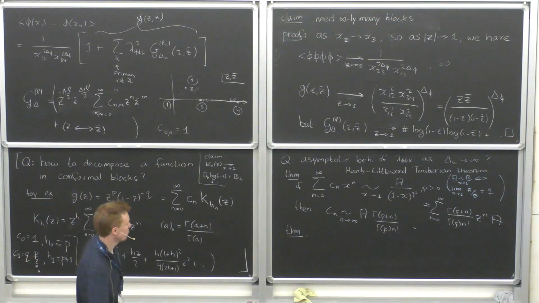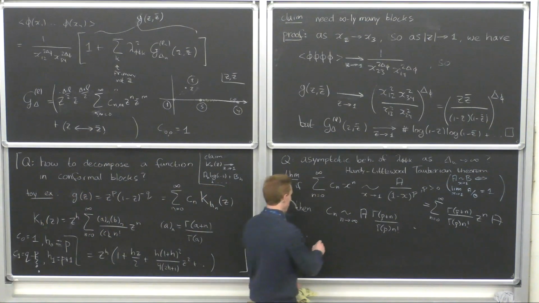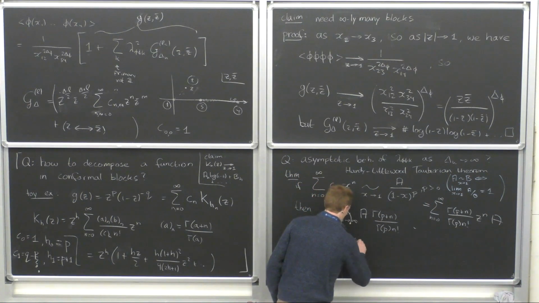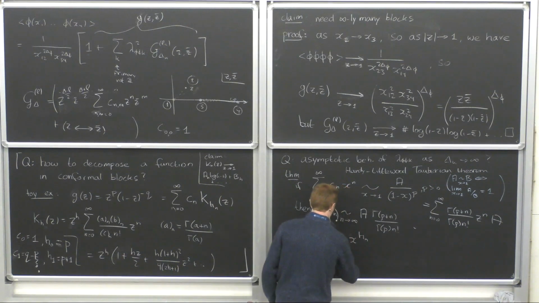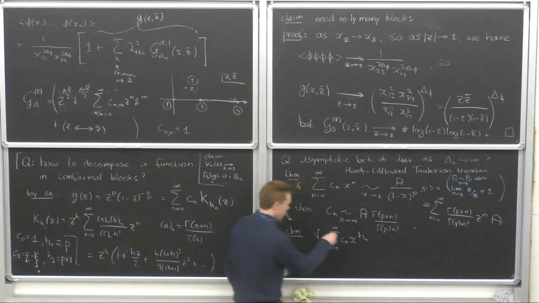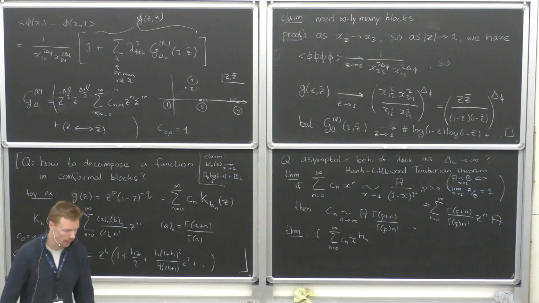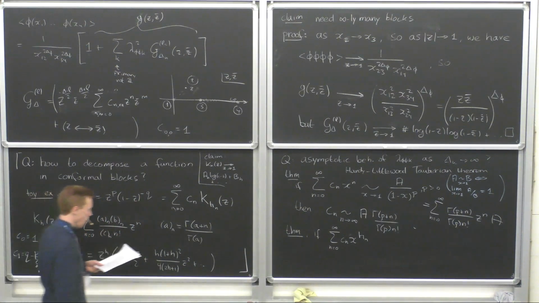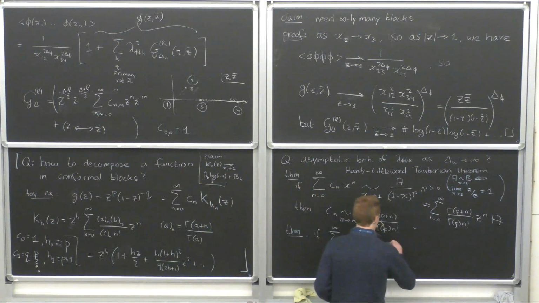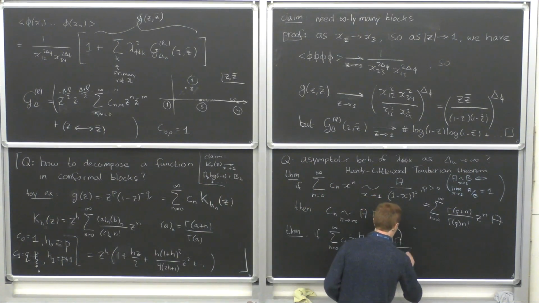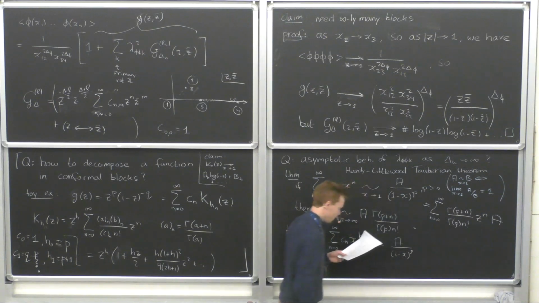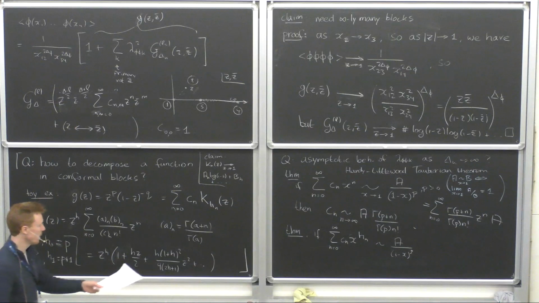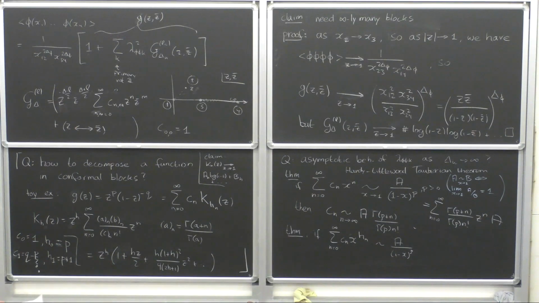So, of course, there should be some sense in which, if you have now Cn x to the power hn, where hn is some increasing sequence of dimensions, then what can we say about the coefficients?